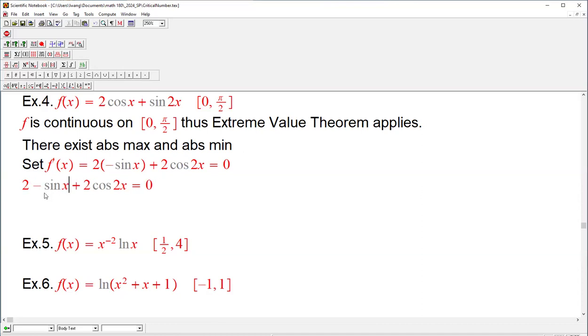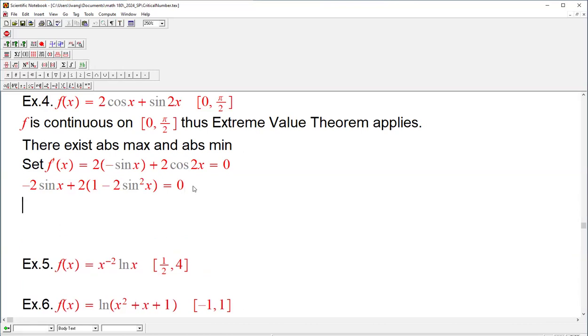So here we're going to write negative 2 sine x. Remember, cosine 2x is equal to 1 minus 2 times sine squared x. That's a double angle formula.